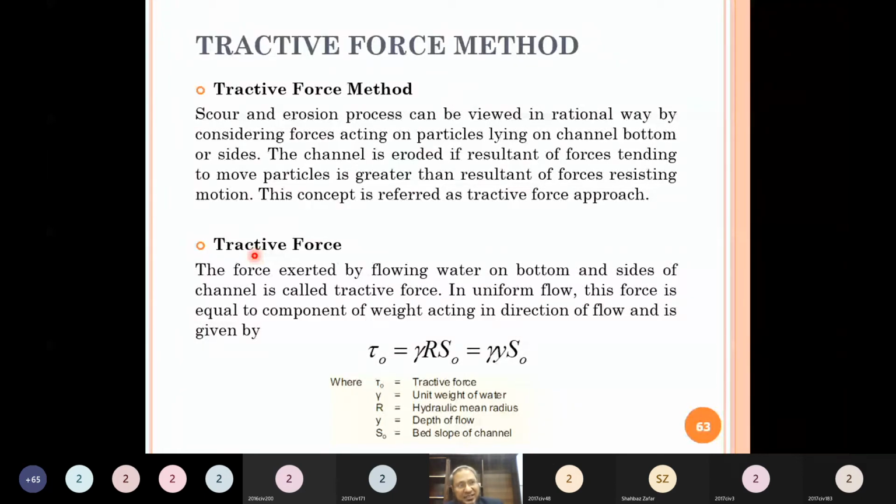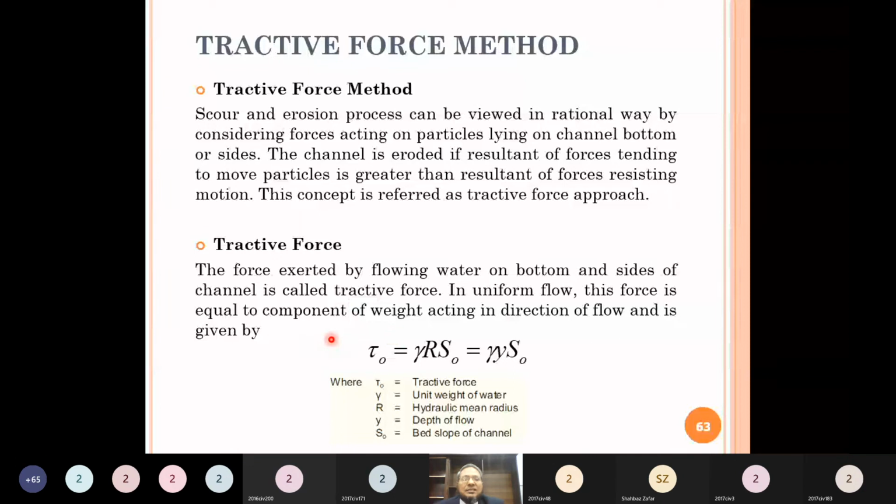This is due to shear stresses. When water flows in a channel, it exerts shear stresses on the bed and sides, and that shear force is called tractive force or hydraulic shear stress. Is it clear?